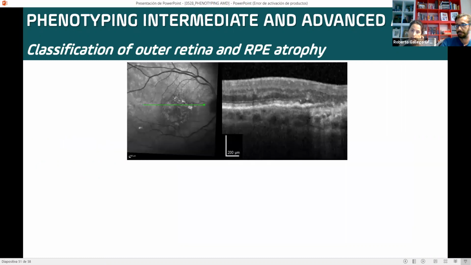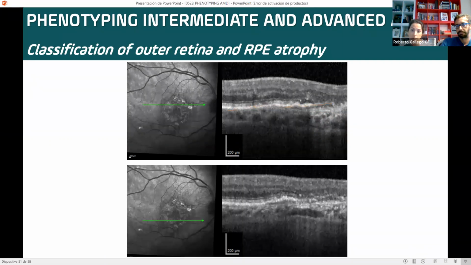And we study that. In some eyes, we see that the RPE seems to continue in the area of atrophy. So we see hypertransmission, but we are still seeing the line of the RPE. Some of these are not really RPE cells, just basal laminar deposits.